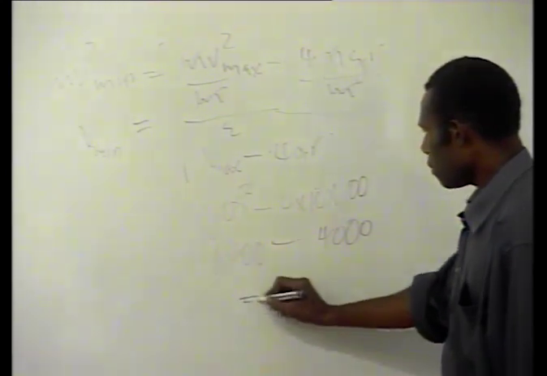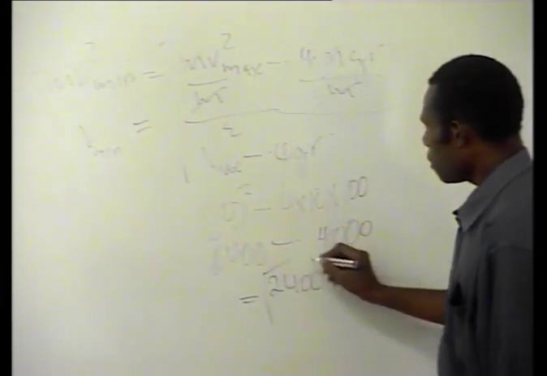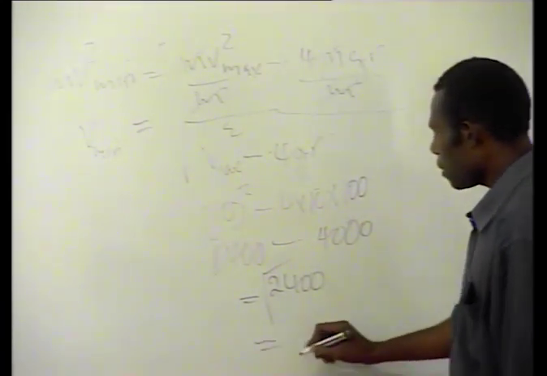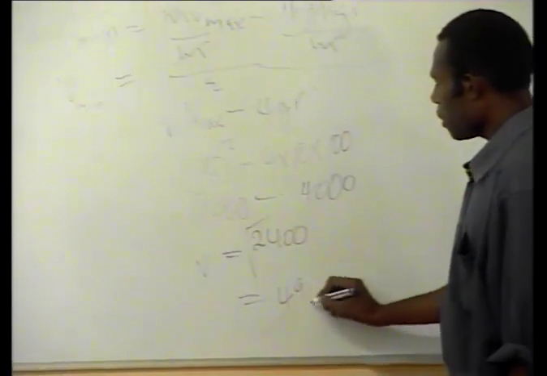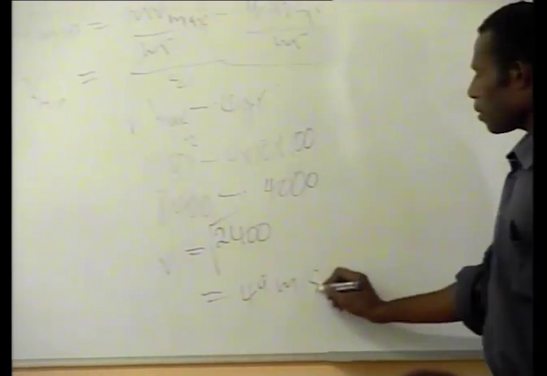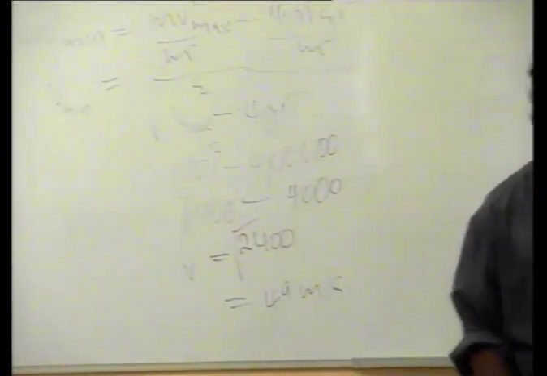So that will be 2,400, and when you square root that, the answer will be 49 meters per second. All right, so 49 meters per second is the answer.